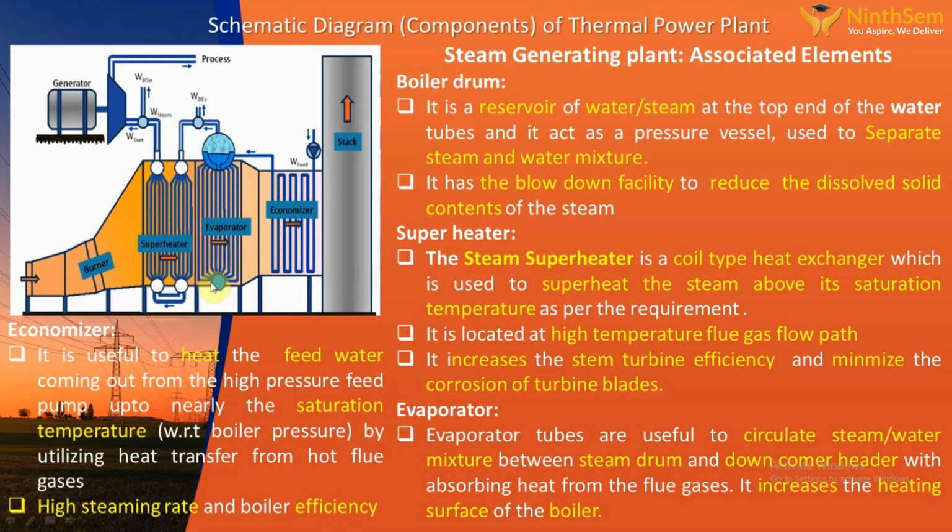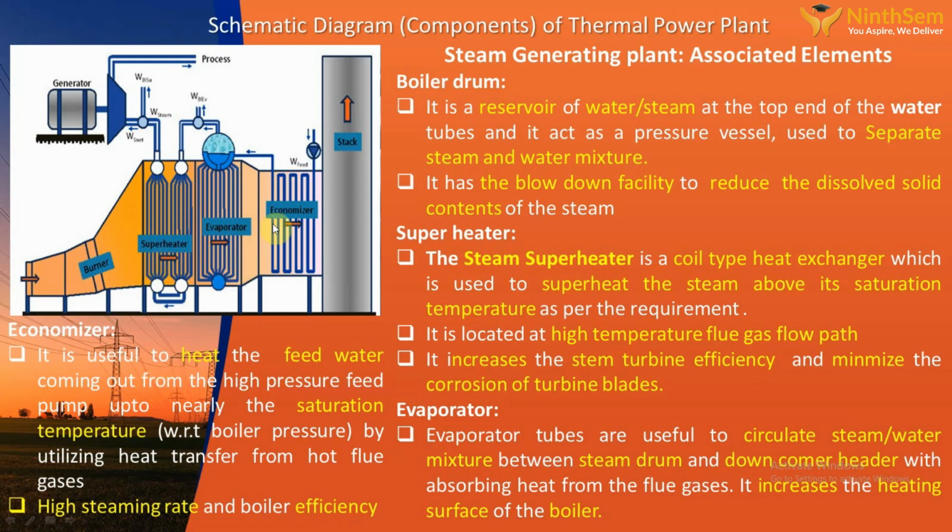It increases the heating surface of the boiler. By circulating water between this header and the boiler drum, the water gets evaporated further and further, assisting the further evaporation of your steam. So that is the function of your boiler evaporator.